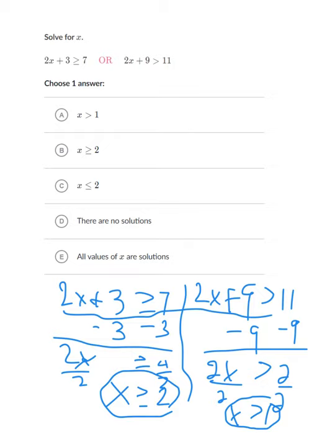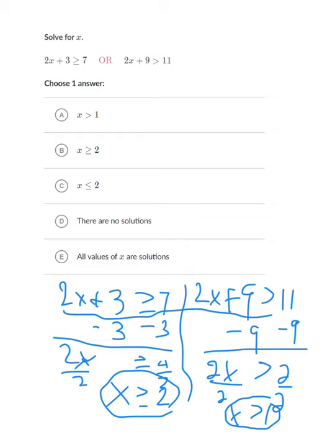So when we use the word or, that means that we pick a solution that can work in the first inequality, or it can work in the second inequality, or it can work in both.